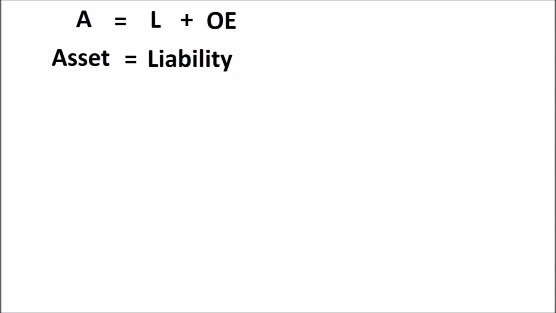We start accounting with a very easy equation. The equation is A equals L plus OE. Over here, A stands for asset, L stands for liability, and OE stands for owner's equity.